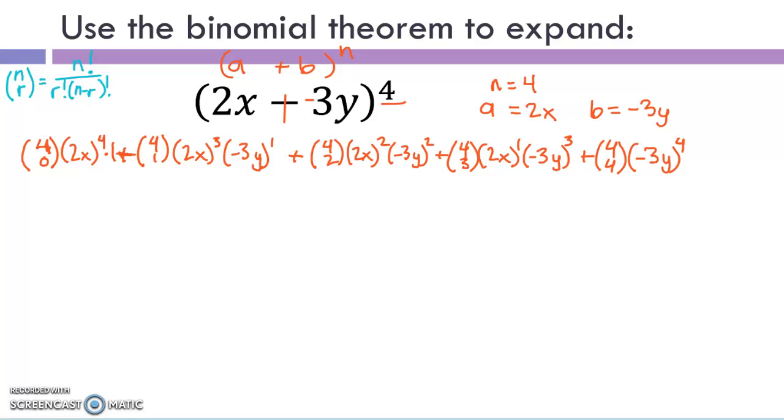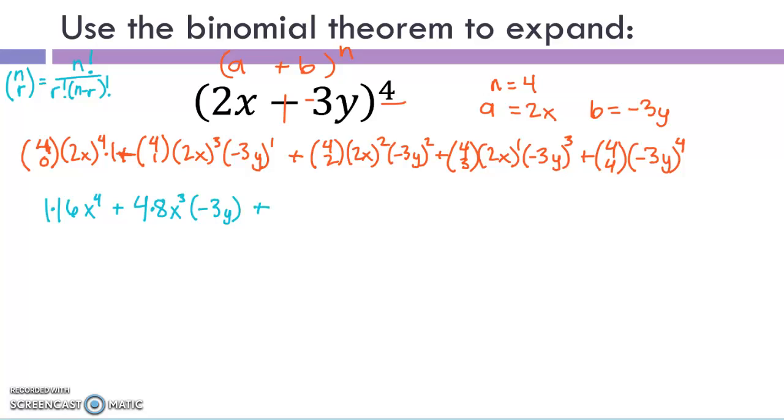After we do that, we'll get 4 choose 0 is 1, times 16x to the 4th, and then 4 choose 1 is 4, times 8x cubed times negative 3y.